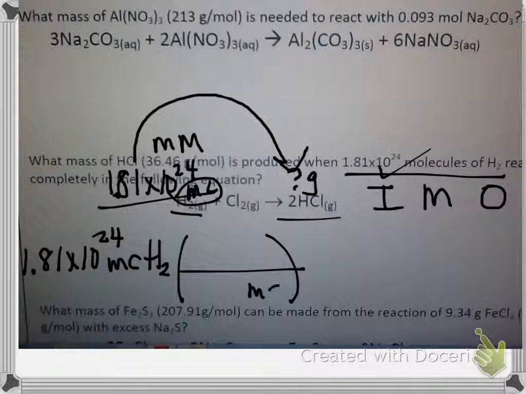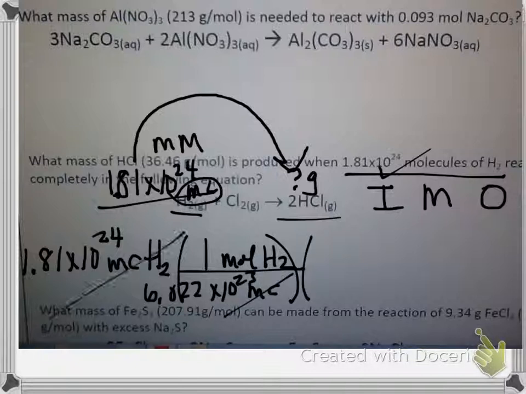So I'm going to convert molecules to moles of H2. So for every 1 mole of anything, how many is it? 6.022 times 10 to the 23rd of anything. So I've got molecules on bottom and molecules on top. Those cancel. Okay, so I converted into the mole. So now I'm in moles of hydrogen.